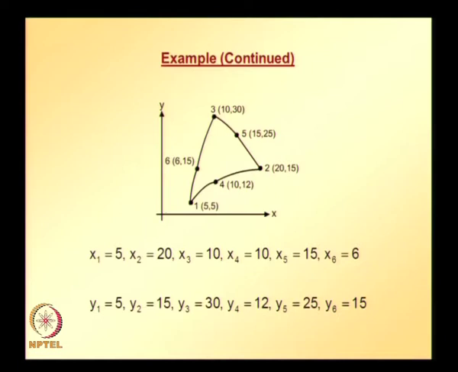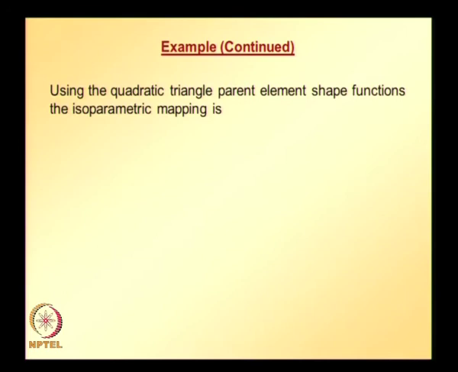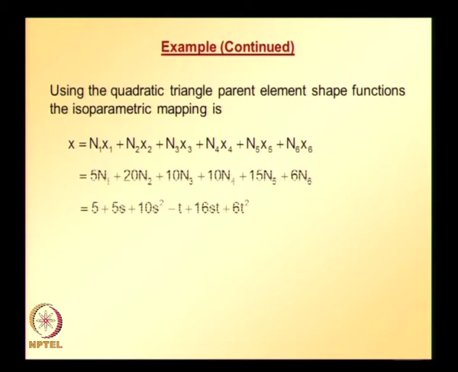And then, using isoparametric relations, we can write x in terms of s and t, where the shape functions are those corresponding to the parent element in terms of s and t. So, substituting N1 to N6, which we already derived in the last class for the 6 node triangle element.